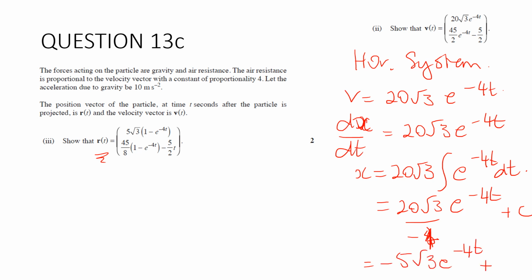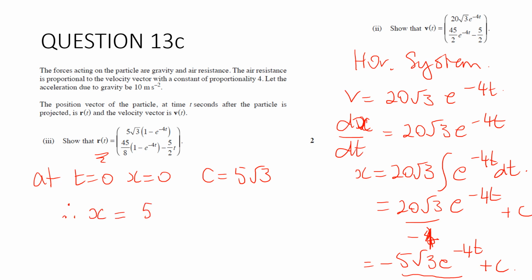Now initially, so at t is equal to 0, x is equal to 0, it's projected from the origin. So what does that mean? C will equal 5 root 3. Therefore, x is equal to 5 root 3, take 5 root 3 e to the negative 4t, and then just need to factorise it.